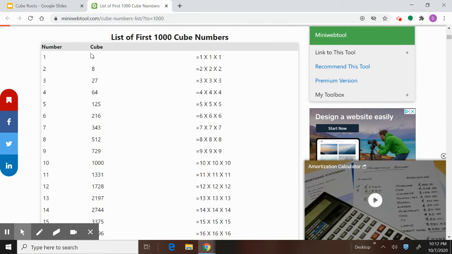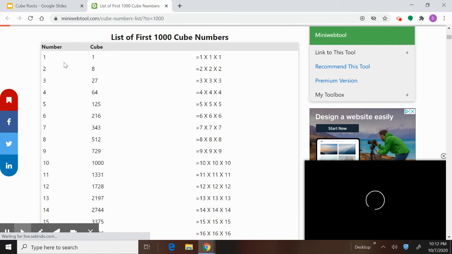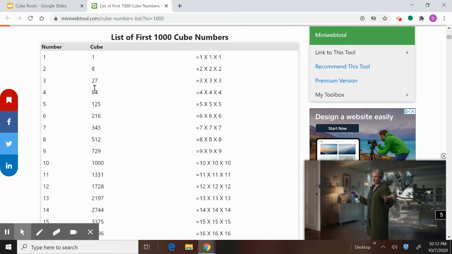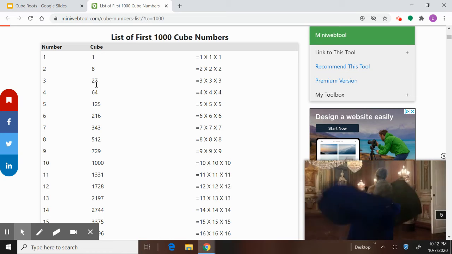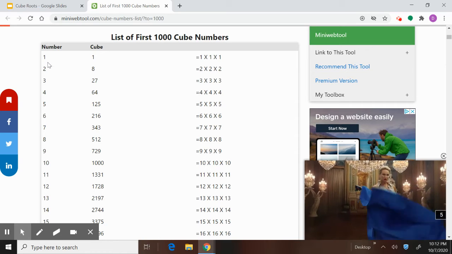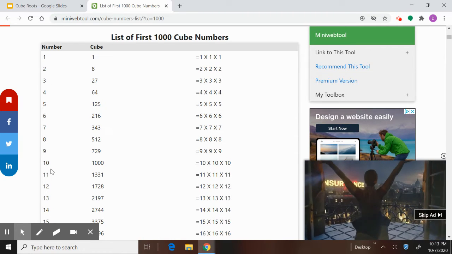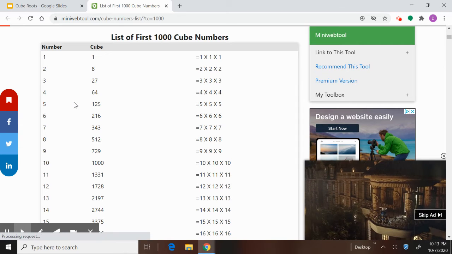You can ignore this on the side, because you can see 1 is a cube, but 2 isn't. 8 is the next perfect cube, and then 27 is the next cube, and 64. You're ignoring these numbers on the outside. They're just listing which order number it is.